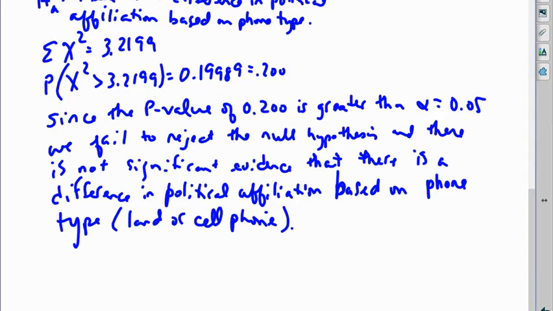Okay. And then there was no follow-up analysis needed on that. I did not need to get the chi-squared contributors.